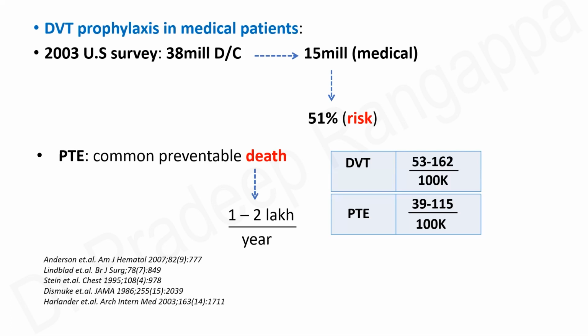It is also referenced that PTE is the common preventable death, and it accounts for 1 to 2 lakh deaths in a year. So, all in all, epidemiologically, it appears to be a significant problem, contributing to significant morbidity and mortality.